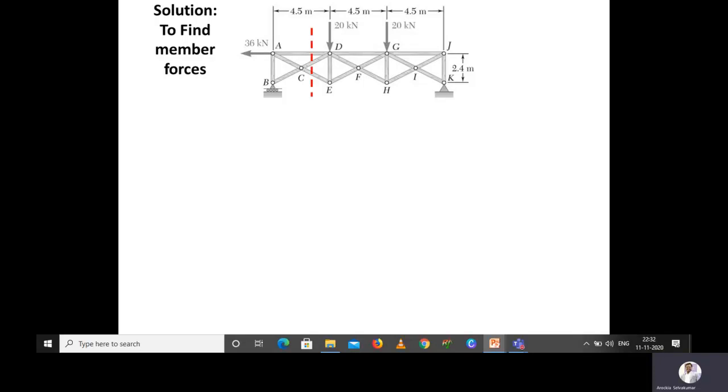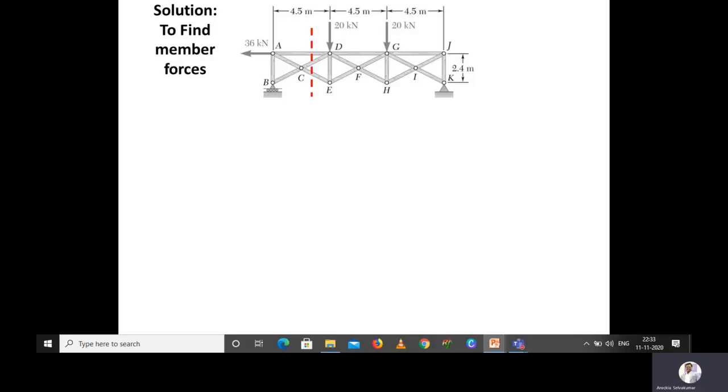The section line should cross 3 members, and the section line should intersect the members where we are going to calculate the forces. For example, we are going to calculate the member force in AD and in CD and then member force in CE. So we have drawn the section line like this.